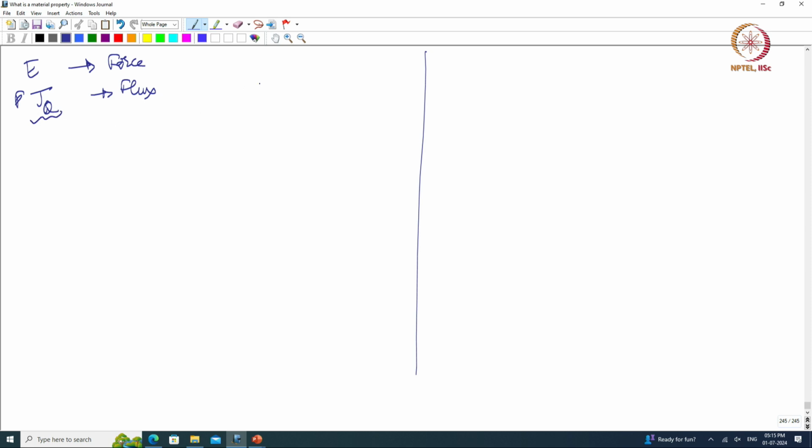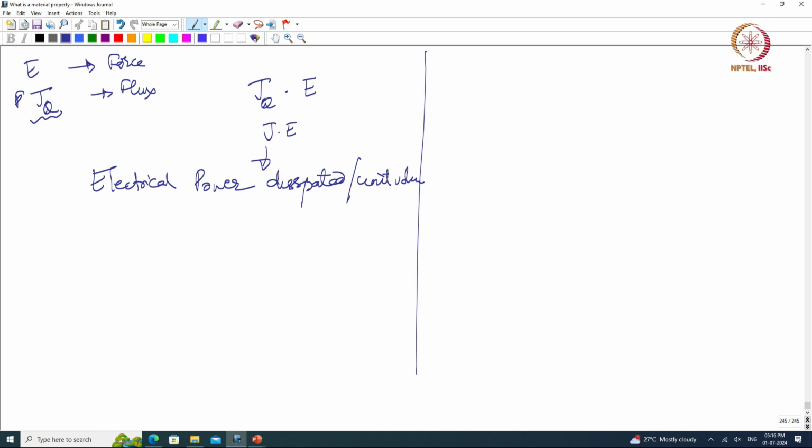So I have flux of charge carriers times E in some sense. Now that is J E. J E is nothing but power dissipated. So this is the power dissipated per unit volume, electrical power, let us put it that way, dissipated per unit volume, right.